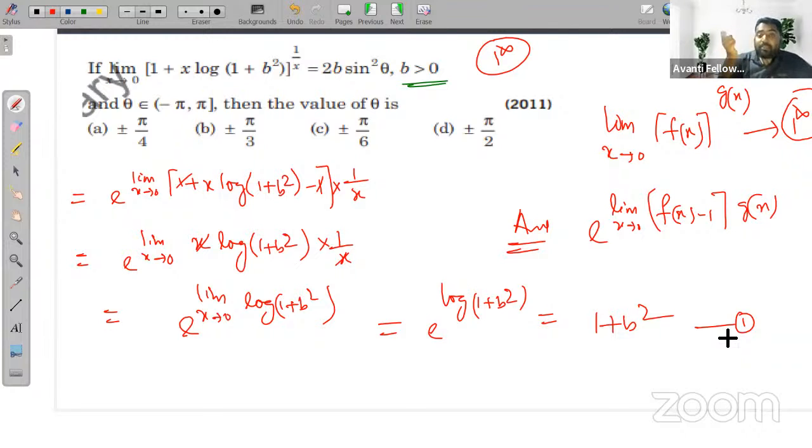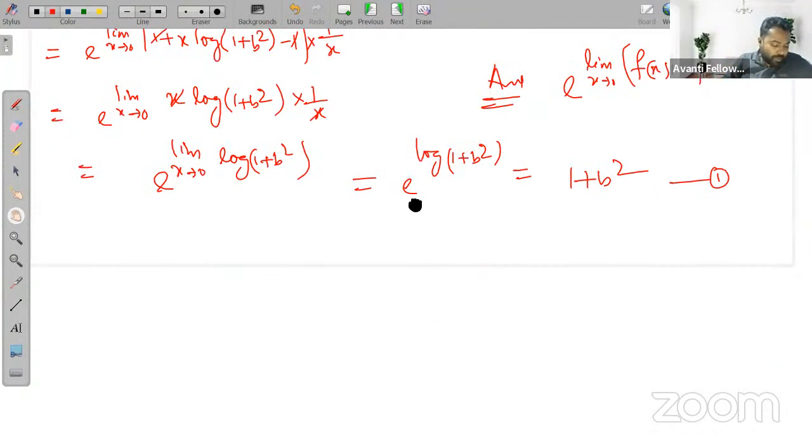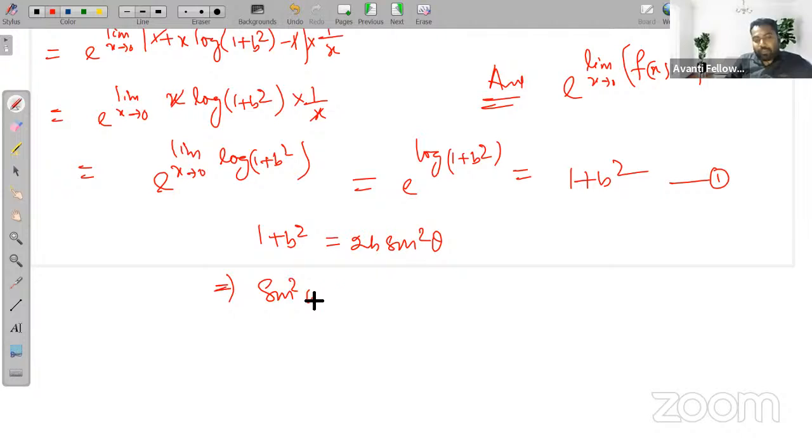It is given that this 1 plus b square is equal to 2b sine square theta, right? So let's solve. 1 plus b square is equal to 2b sine square theta. From here we are getting sine square theta is equal to (1 plus b square) whole divided by 2b.